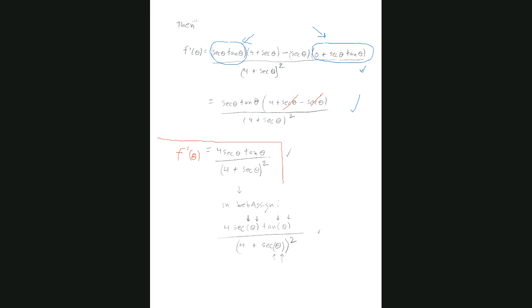And one thing I want to point out, something I noticed: when I assign the homework, I can also see the answers to the problems, and I noticed that for this answer, 4 secant theta tangent theta divided by quantity 4 plus secant theta, in WebAssign they put parentheses around the thetas.